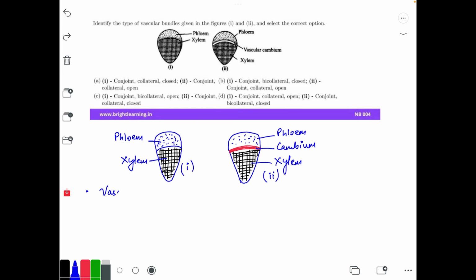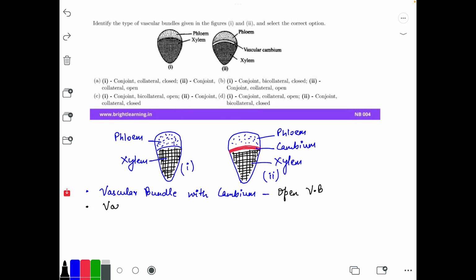The vascular bundle with cambium is considered an open vascular bundle, while the vascular bundle without cambium is considered a closed vascular bundle.